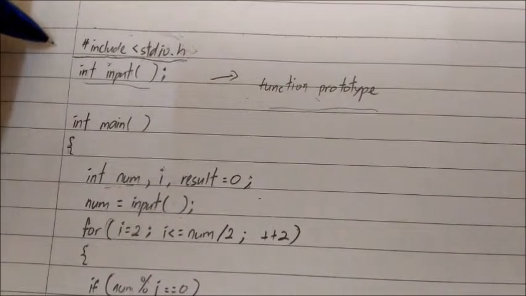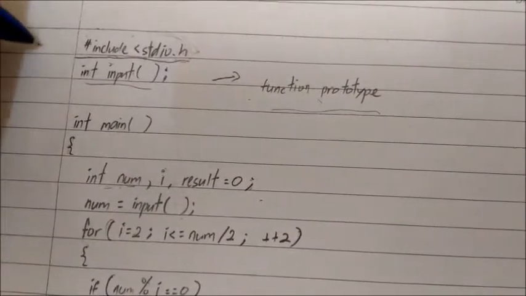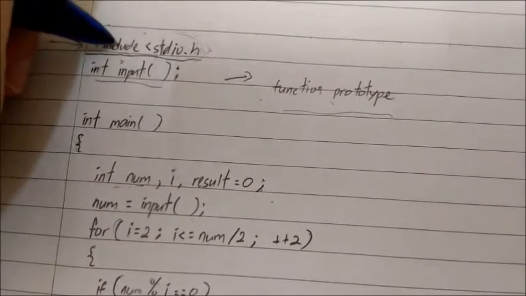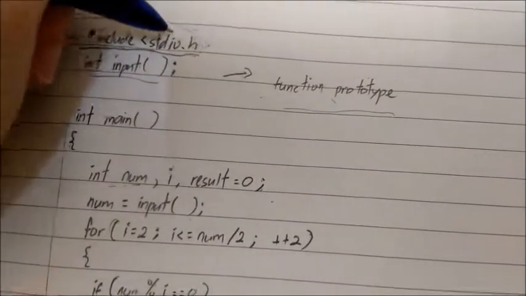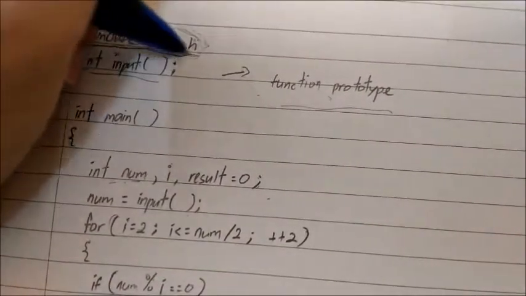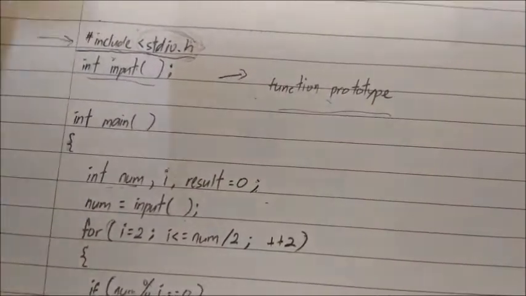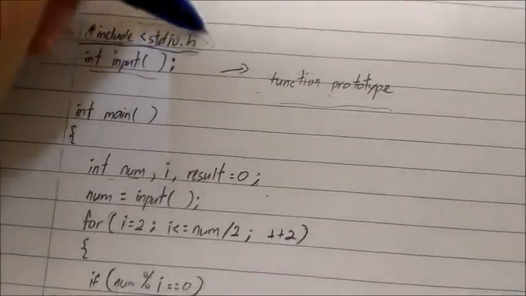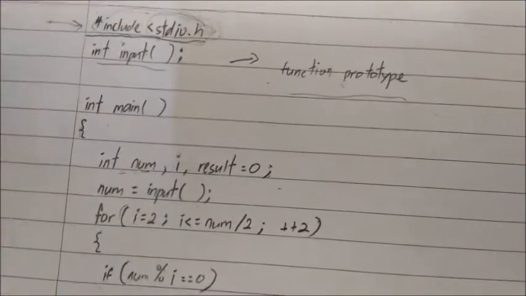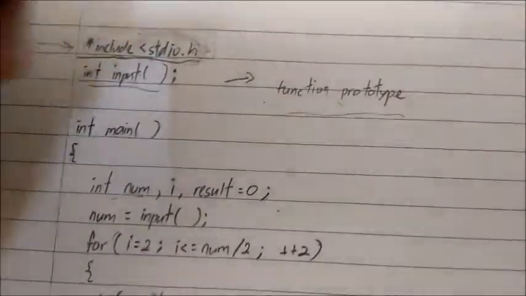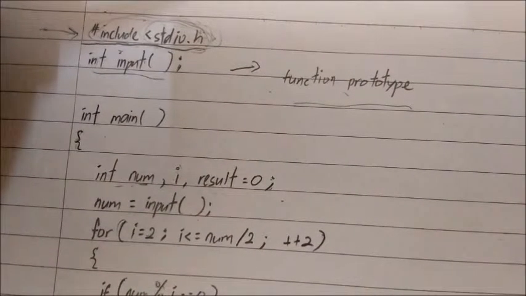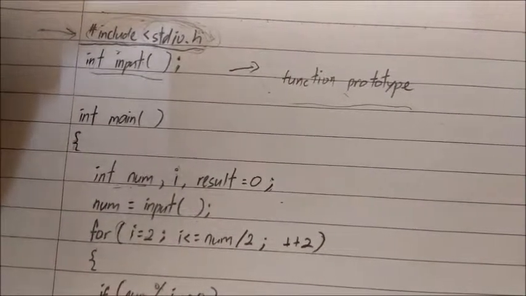In every C program, we start here in the code, and stdio.h is a header file. This include stdio statement tells the compiler to insert the contents of stdio at that particular place.